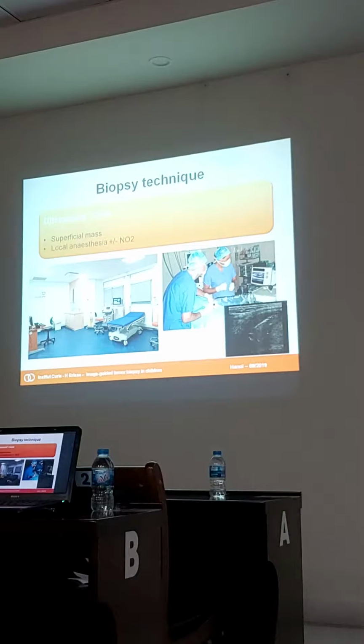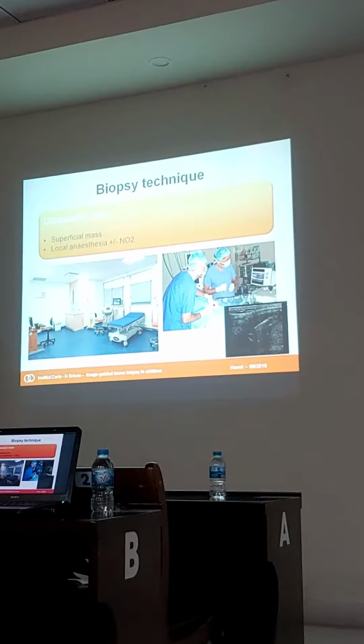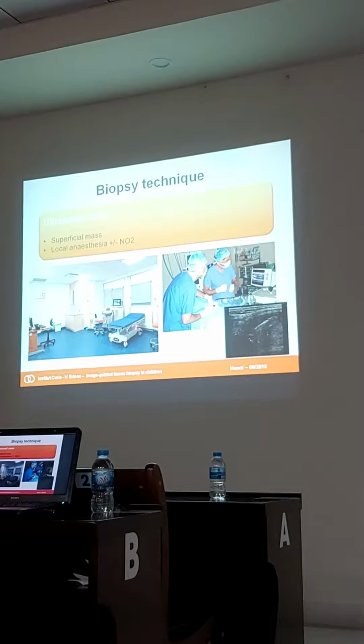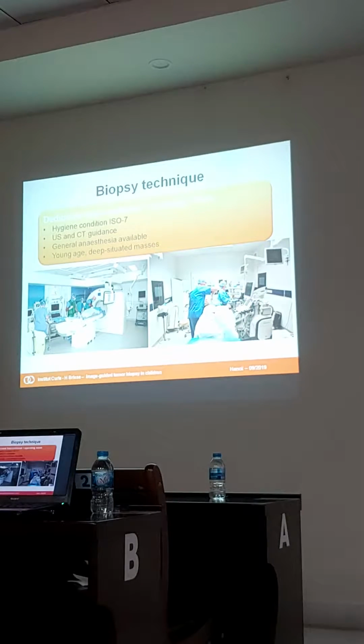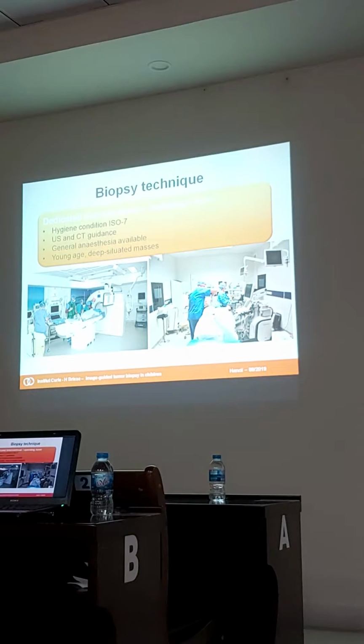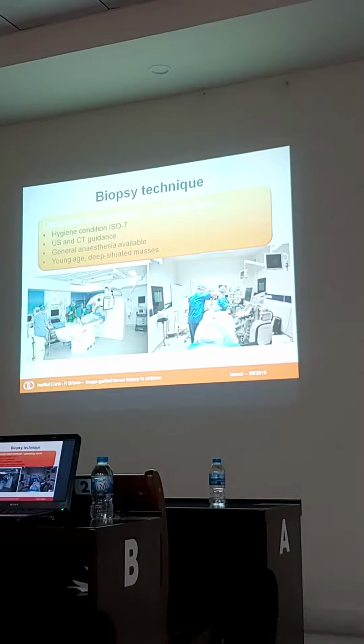If you have a quite superficial soft tissue mass in an adolescent patient, for example, you can do it with just local anesthesia, in an ultrasound room, under US guidance with just local anesthesia and nitrous oxide. It's usually enough, but in all other situations, especially for young children or for deeply situated tumors, you need to perform the biopsy under general anesthesia.